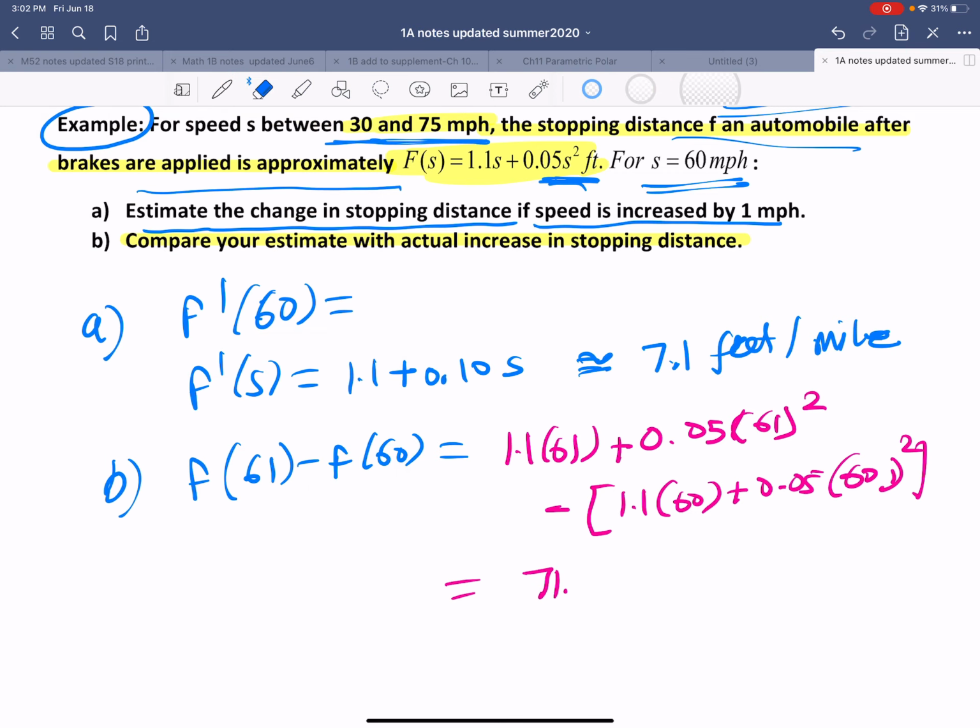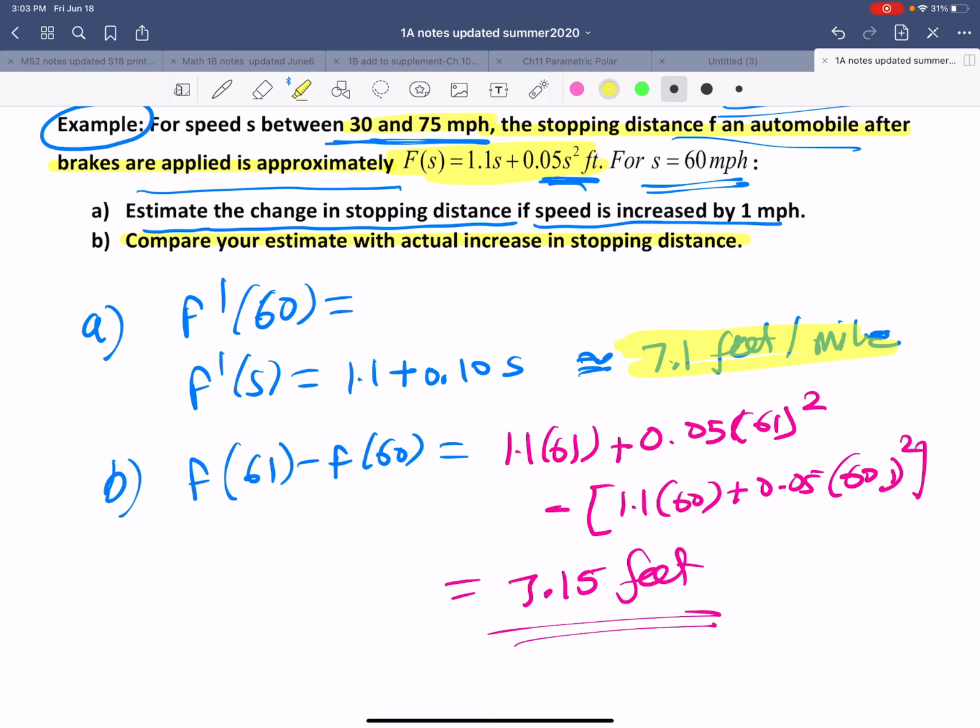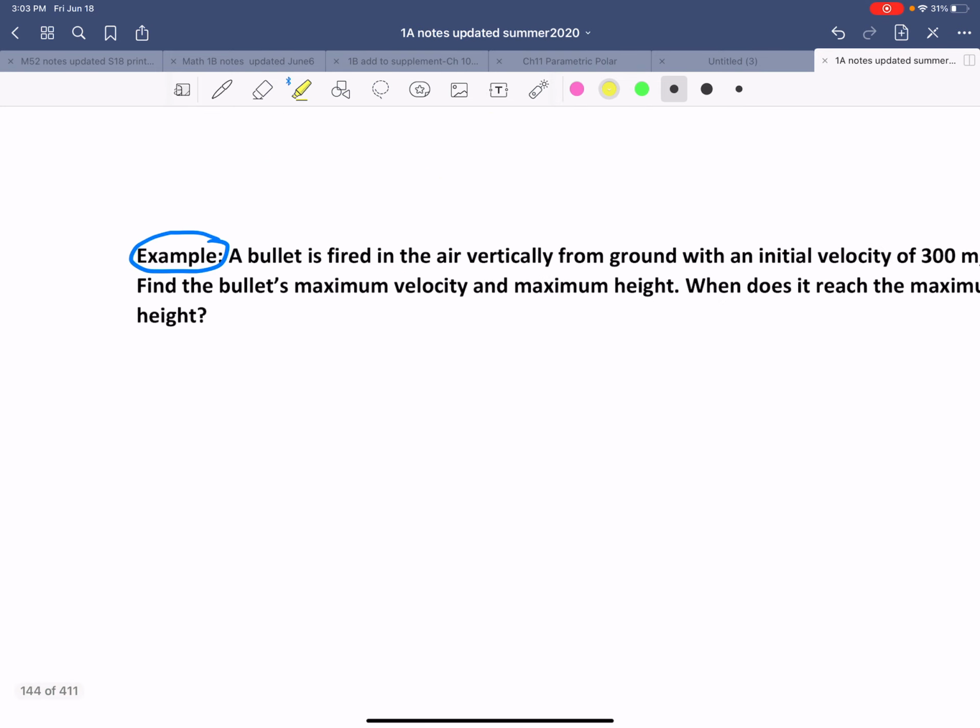So my estimate using the derivative is pretty good. 7.15 feet is the actual distance, and my estimate was 7.1 feet per mile. So as the speed is increased by 1 mile per hour, the stopping distance increases by 7.15 feet. Check out another example.